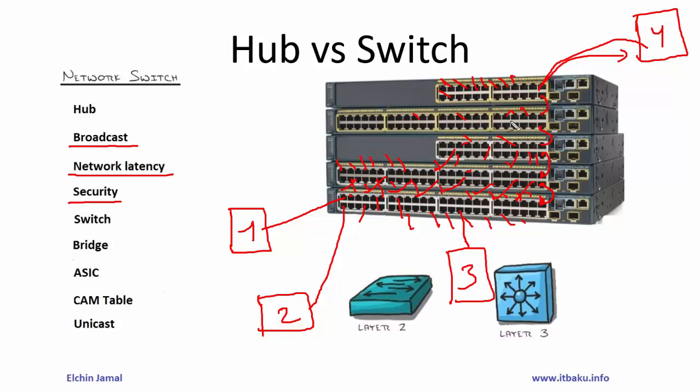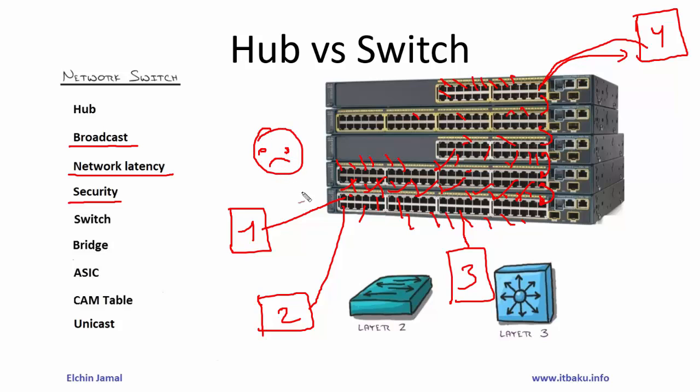As you can see, by sending just one piece of information from one computer to another, all 5 hubs are overloaded. The whole network is overloaded. And from the security perspective, let's imagine that we have some evil person, some hacker, sitting somewhere in the middle.